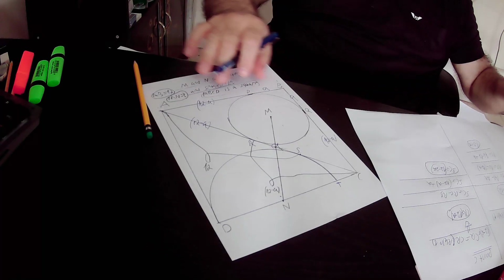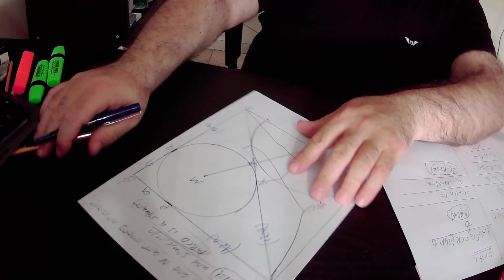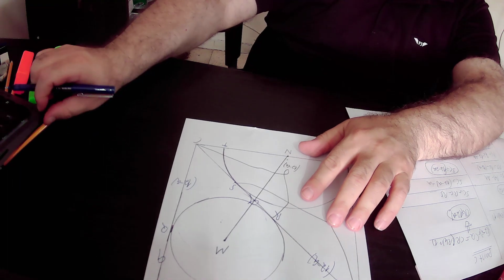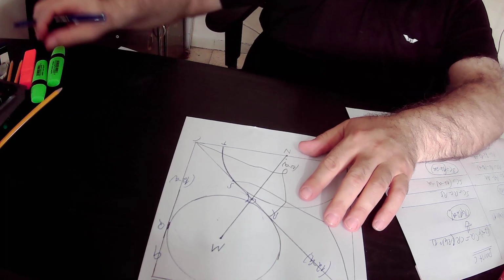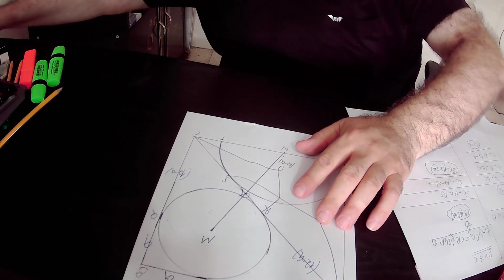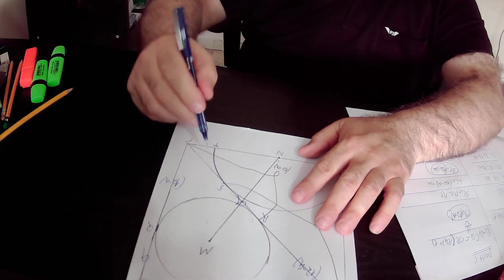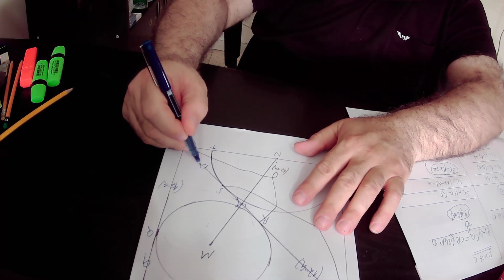So we can write here that SC is equal to 12 minus 2A.